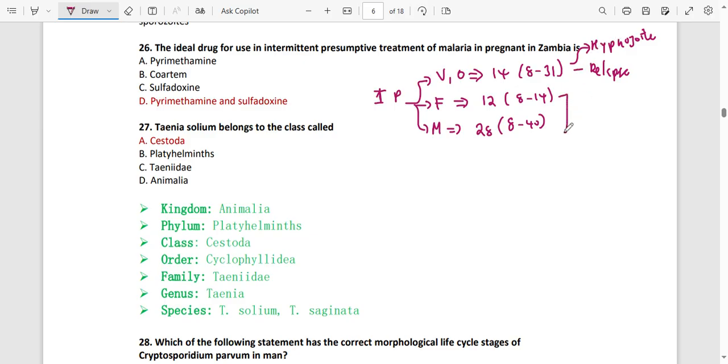But falciparum and malariae are responsible for recrudescence. Recrudescence is where, let's say you are treating, but you have not managed to wipe away all the parasites. So those few that have remained can later on arise and cause infection.